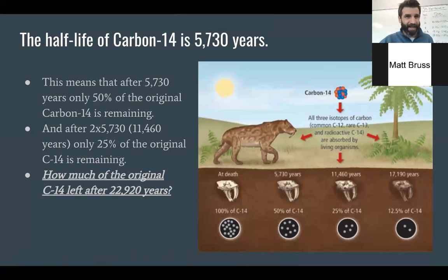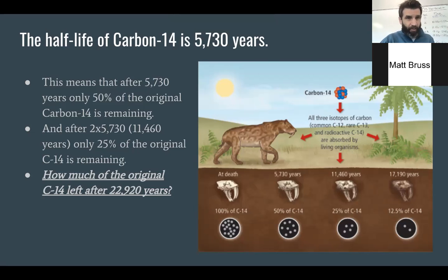All carbon atoms have 6. But while carbon-12 has 6 neutrons, carbon-14 has 8 neutrons. And that carbon-14 is not stable. It goes through what's called radioactive decay, and it decays back into nitrogen. So it's gone. If you're looking to measure it over time, it disappears.